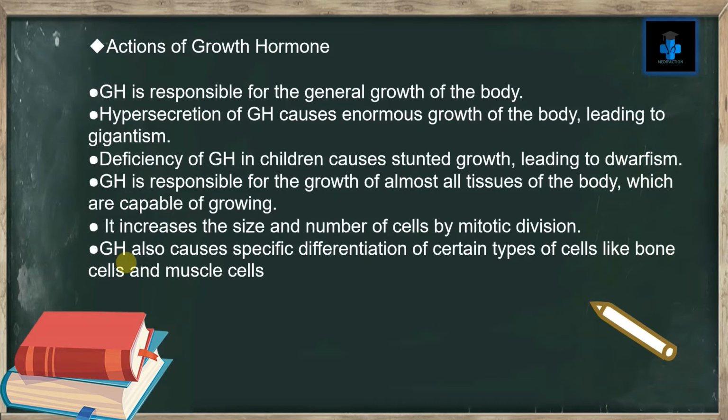Growth hormone is responsible for the growth of almost all tissues of the body which are capable of growing. It increases the size and number of cells by mitotic division. Growth hormone also causes specific differentiation of certain types of cells like bone cells and muscle cells.